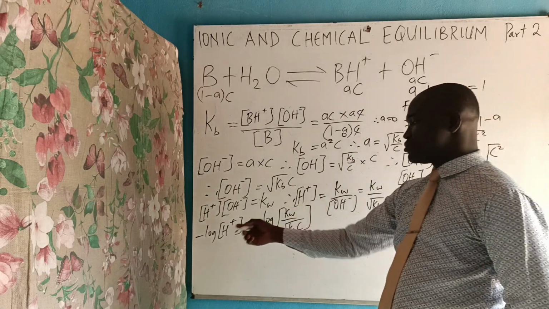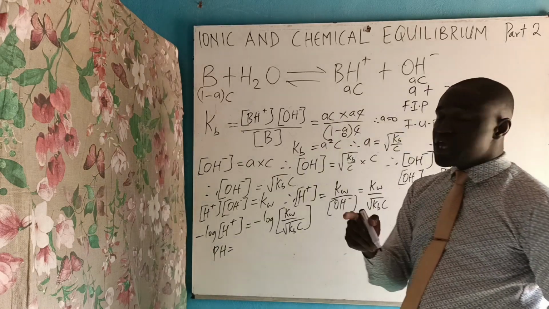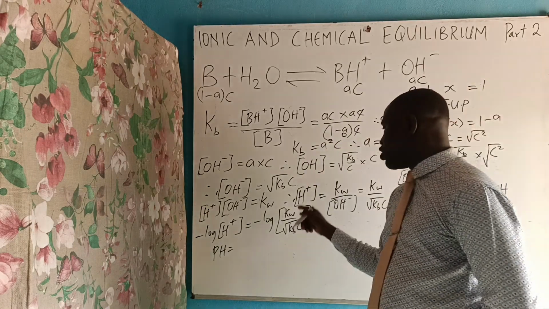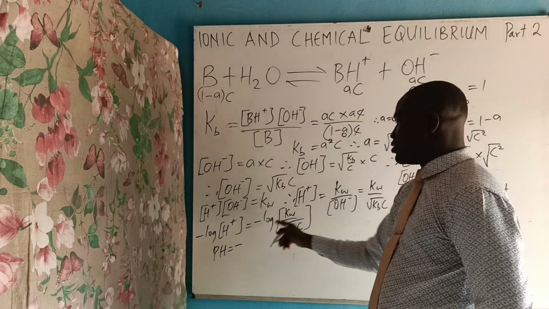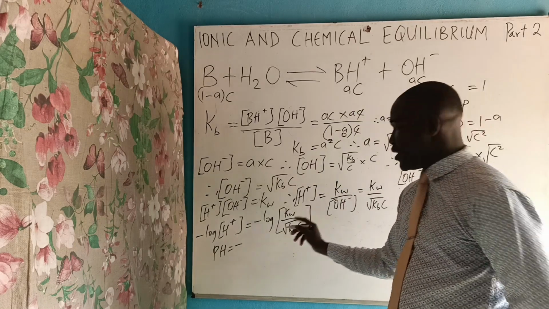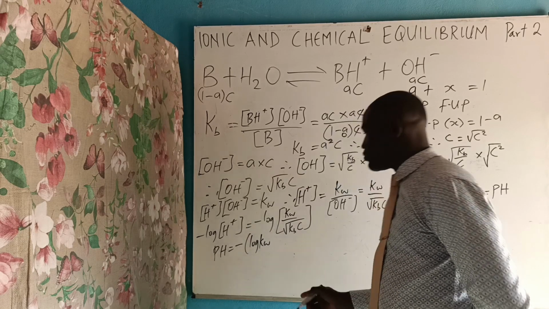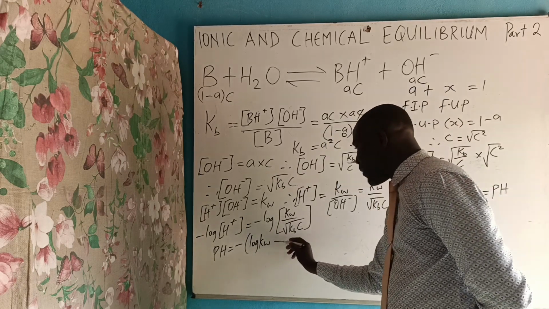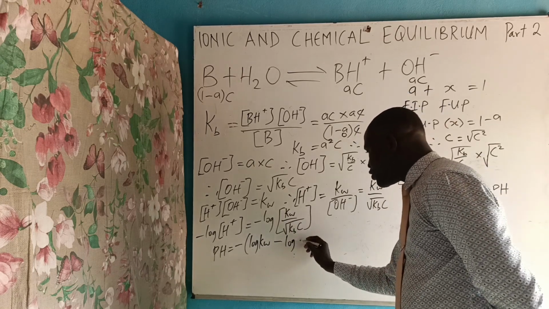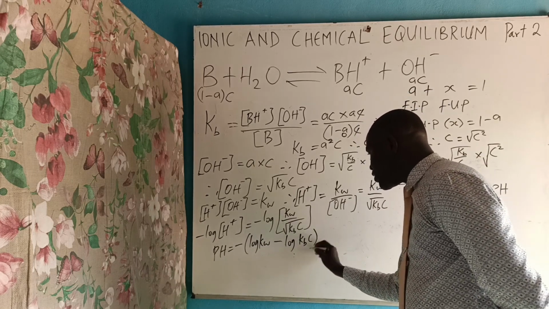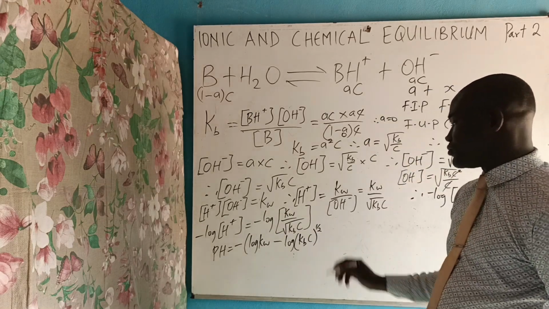So this will give me pH, that is the pH of a weak base, equals, let me simplify this. I will keep minus. Logarithm will come in. This will give me log Kw. Because of this division, I will put minus log of KbC raised to the power of half, because of this square root.